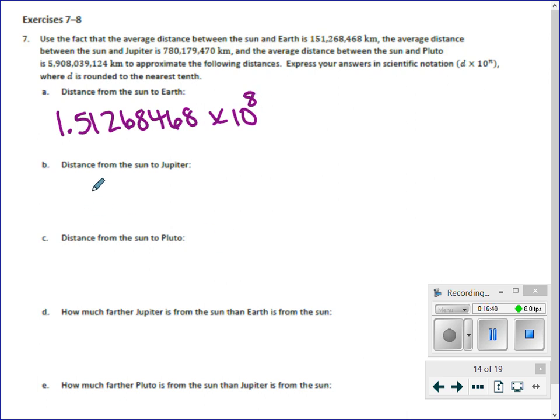This one, Sun to Jupiter, is 7.8 times 10. We're going to move it left 8 places. And if we move it left, it's adding 8. Pluto is further. It's 5.9 billion, so it's 10. And we're going to move it left 3, 6, 9. So it's 9.